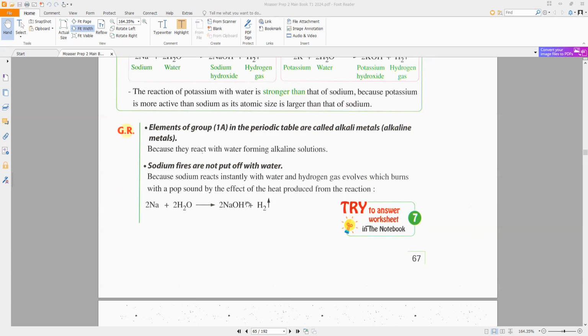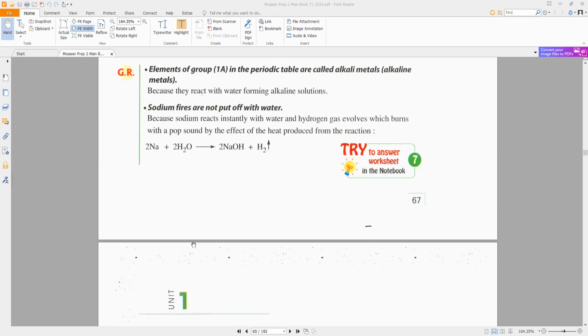This reaction produces heat, so we don't add extra water, or the fire will increase. So why don't we put out a sodium fire with water? Because sodium reacts with water, forming hydrogen gas with a pop sound and a fire, and an alkaline solution of sodium hydroxide. This reaction produces heat and makes a fire, so it is not put out by water, and the fire increases.